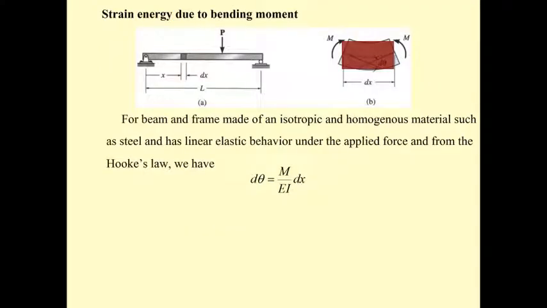Now let's consider the beam. When you have the beam and you put the force here, this beam is going to have some kind of deformation. Not just the line that is passing through the neutral axis, the beam is going to bend like this.